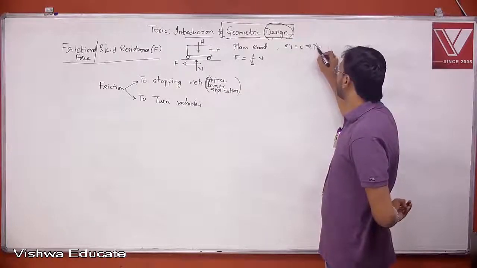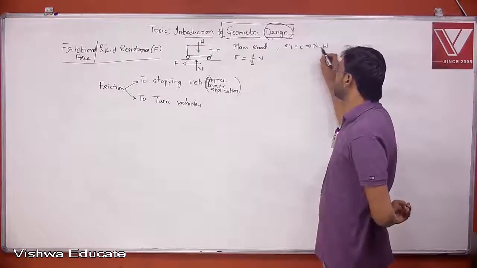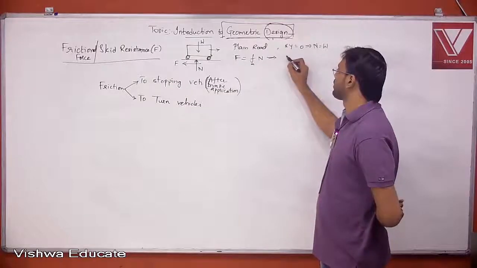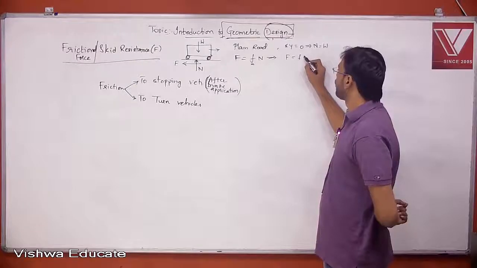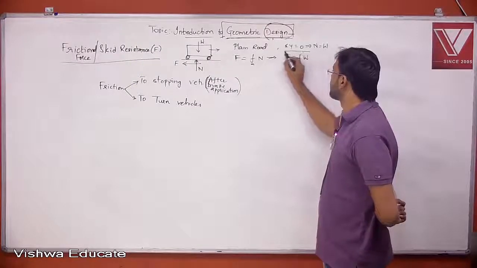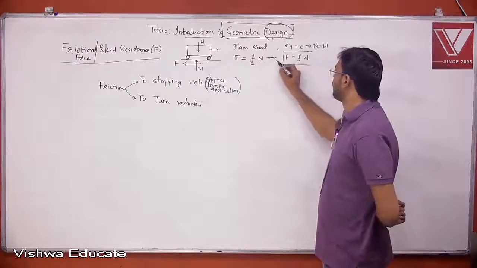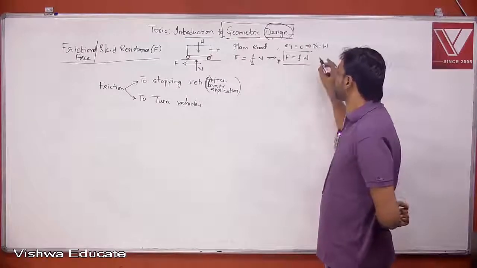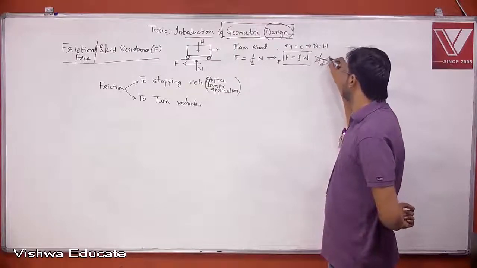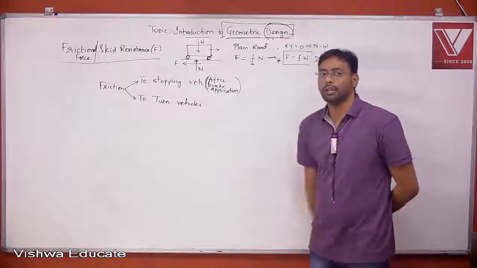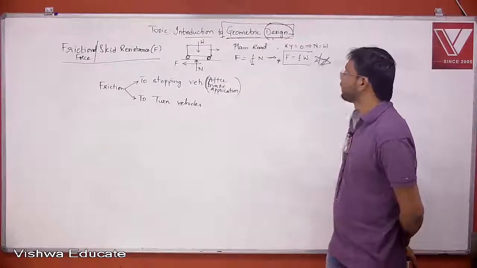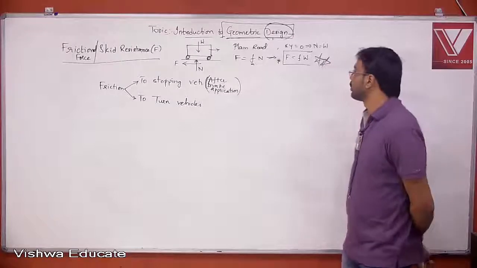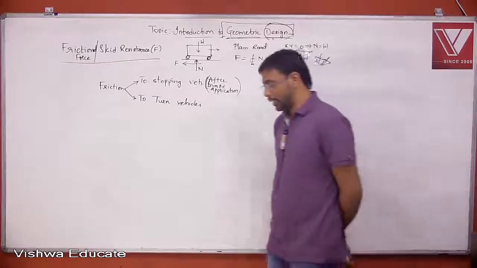So your normal reaction will be equal to W. So from this, frictional force is equal to coefficient of friction into self weight of the vehicle, right? That's an important, simple and small formula that can be remembered. Frictional force is equal to coefficient of friction into self weight of the vehicle.